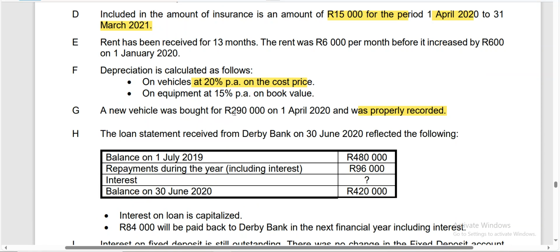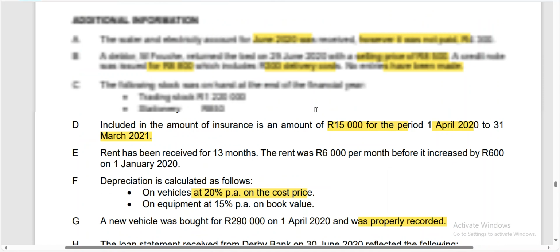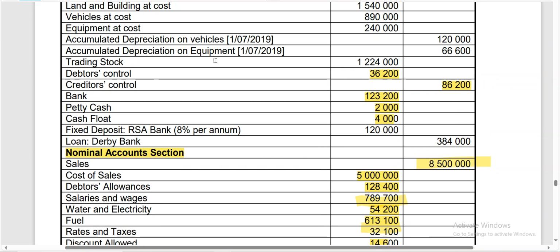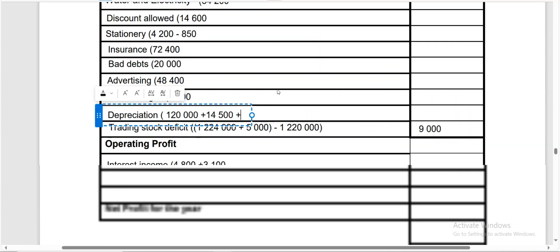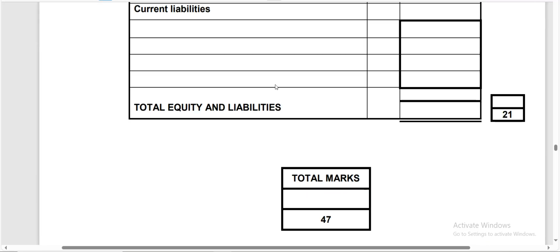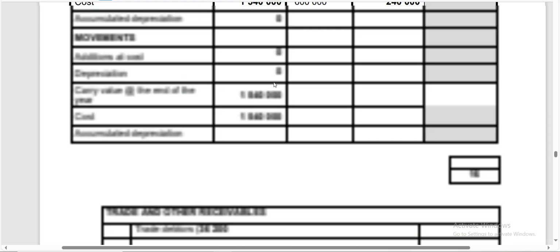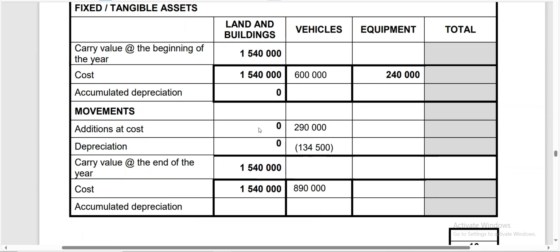So now on equipment, remember, there was nothing new that was bought, so I can automatically get my carrying value. On my equipment, at cost at the beginning it was 240,000, so I can enter that information. There was nothing bought, so I need to record my information in that way.